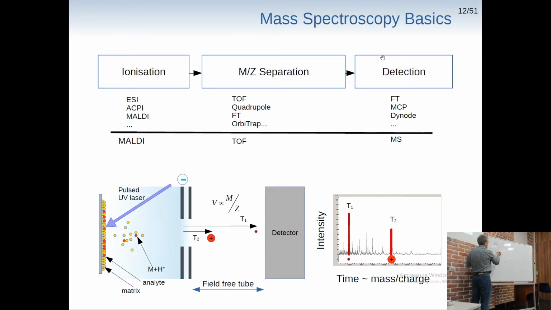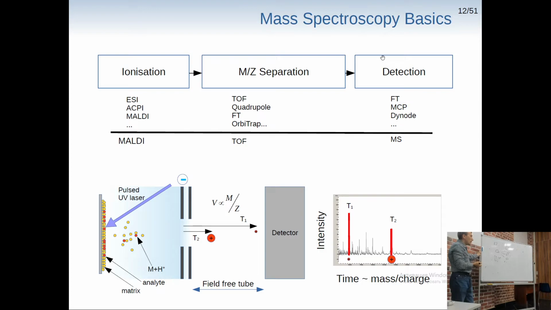We have some sample here, some molecule, in gas, impacted by an electron. This energy is enough to fragment this molecule. Of course, there is a small chance that we'll get a molecule with, let's say, positive or negative charge. But mostly what we'll have is some parts of this molecule with either charge, right?